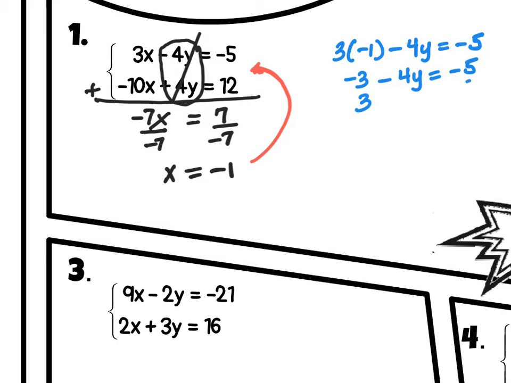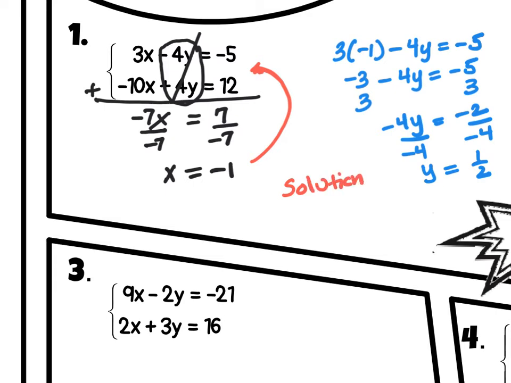You're going to add 3 to both sides. So you have negative 4y equals negative 2. Divide by negative 4. So y equals 1/2. The solution is negative 1, 1/2.